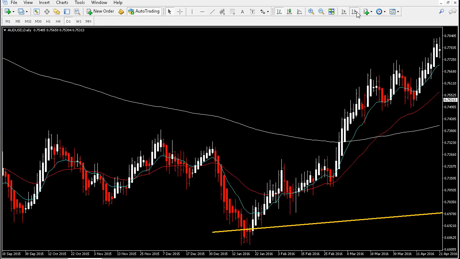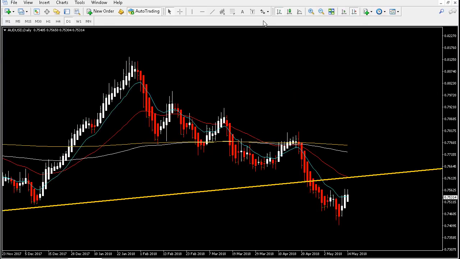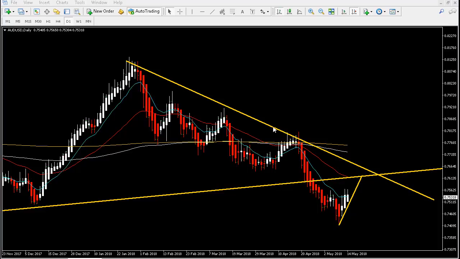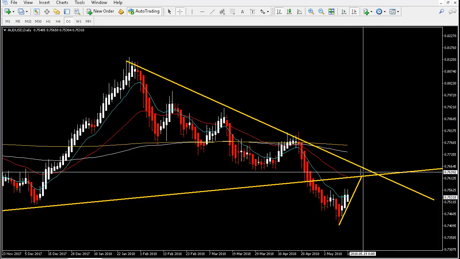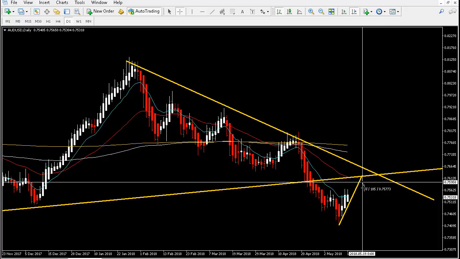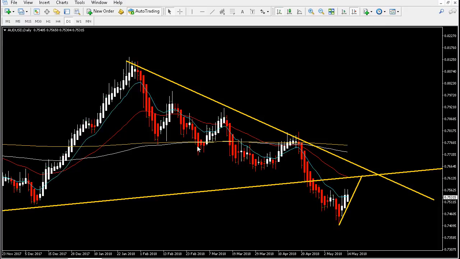So on the daily chart now, what we want to see is this. We want to see a bigger retracement back to here, and only then we wait for a bounce and a break of this 2 to 3 line to look for more shorts.